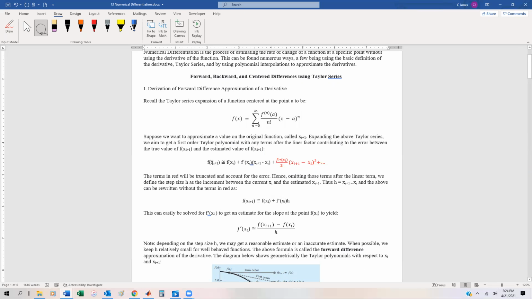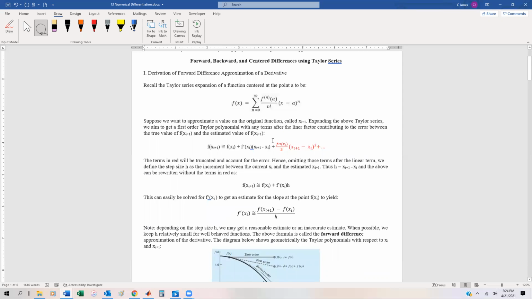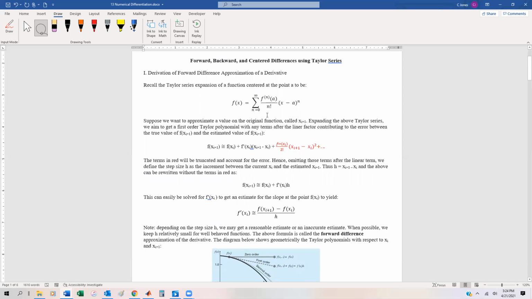I'm going to say f of x sub i plus 1, the next value on the Taylor polynomial, is going to be equal to the 0th derivative at the point x sub i. So I'm just using the original point x sub i to predict the next point x sub i plus 1, plus the first derivative over 1 factorial at x sub i. Just imagine a is x sub i at this point. And then plus the second derivative divided by 2 factorial. So we're just increasing n, and we could keep doing that forever.